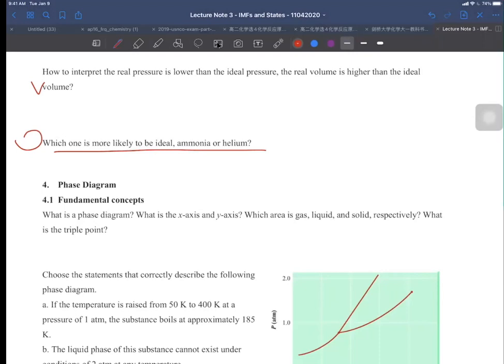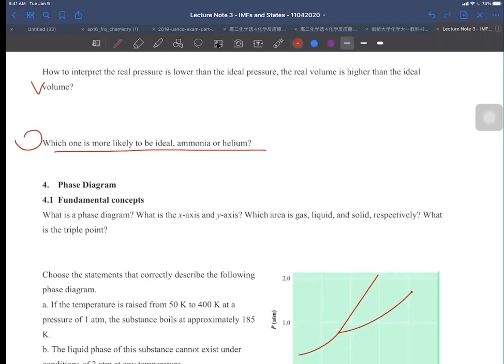Is that exactly what we need for ideal gas? The size is smaller, which means we can easily ignore the size, right? If you consider the size comparison, ammonia definitely is greater in size than helium, right? So from this perspective, the volume factor in ammonia is harder to be ignored.